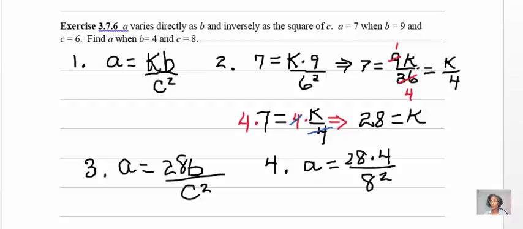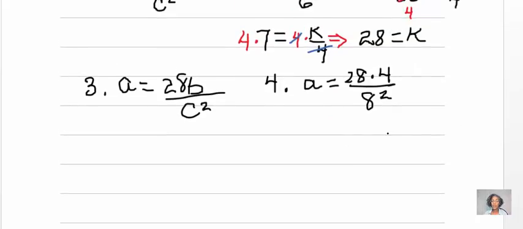All right. Well, let's keep going with this. So A is 28 times 4 over 64.